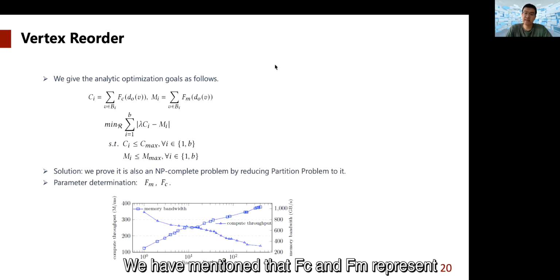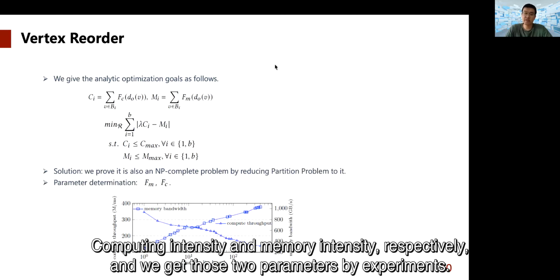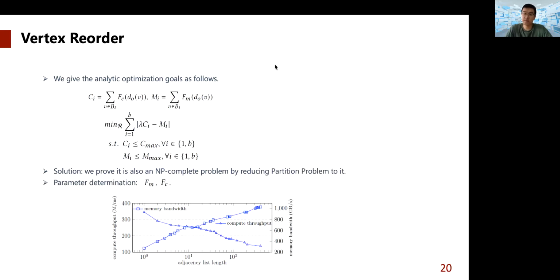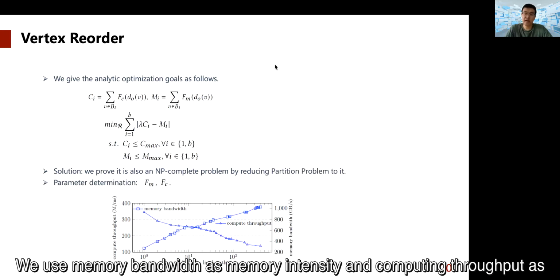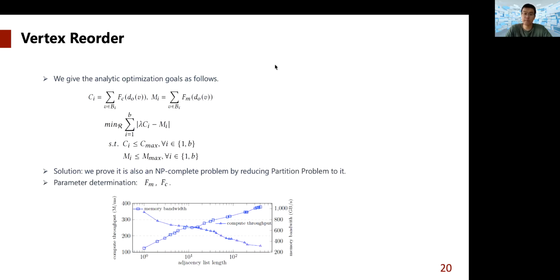We have mentioned that FC and FM represent computing intensity and memory intensity respectively, and we get those two parameters by experiment. We use memory bandwidth as memory intensity and computing throughput as computing intensity, which can both be measured by NVIDIA profiling tools such as NVProf.